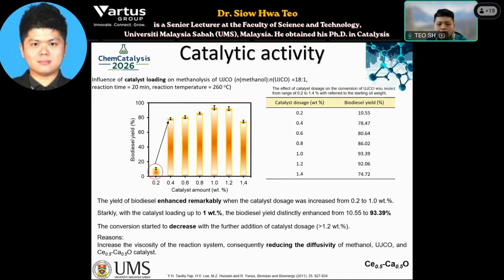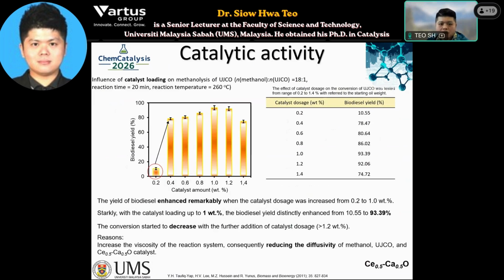This improvement can be attributed to the greater number of available active sites, which promotes the transesterification reaction. The highest biodiesel yield of approximately 93% was achieved at the catalyst loading of 1%, which indicates this amount provided sufficient active sites for efficient biodiesel production.